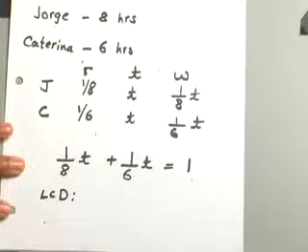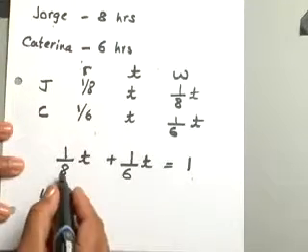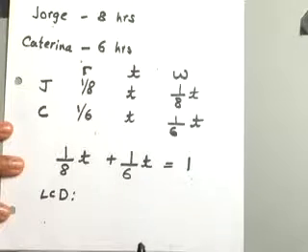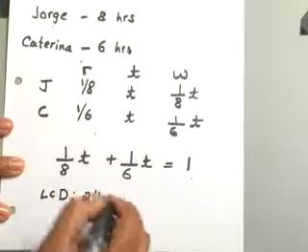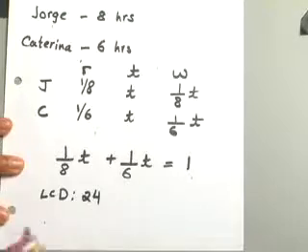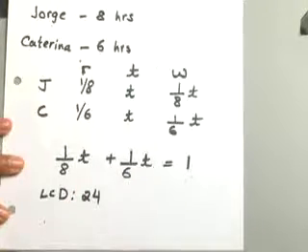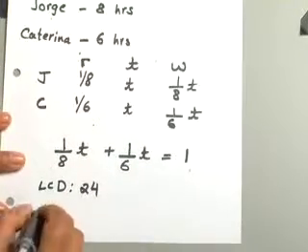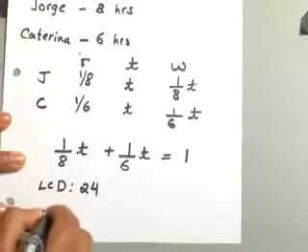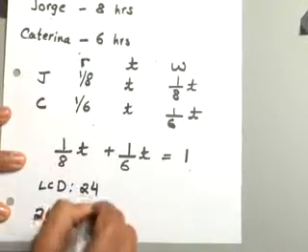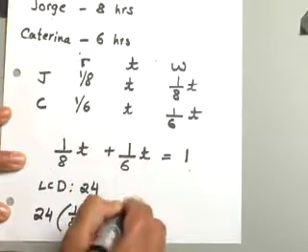Our LCD will be what's common between 8 and 6. Let's see, 24. 24 will go into 8 3 times, and 24 will go into 6 4 times. So we will go ahead and multiply our whole equation by our LCD.